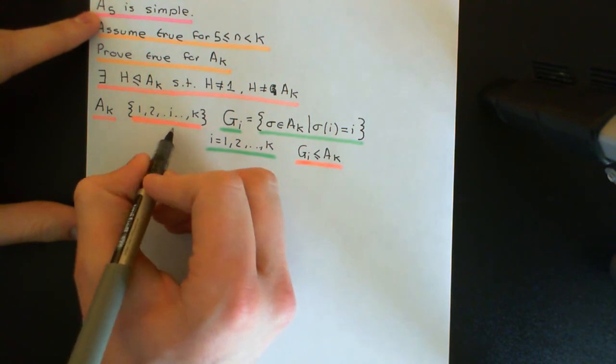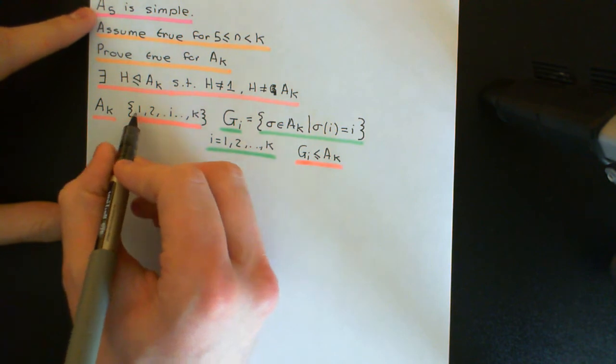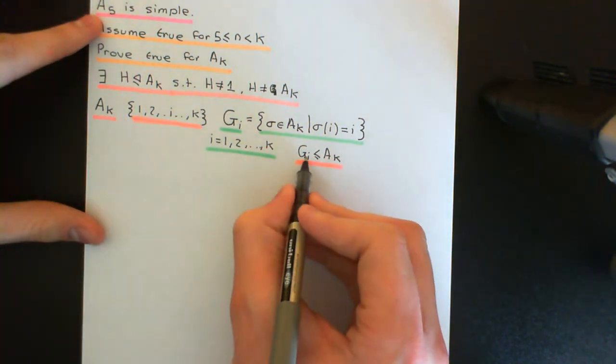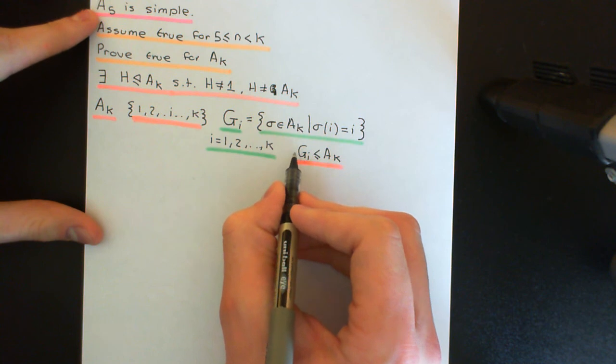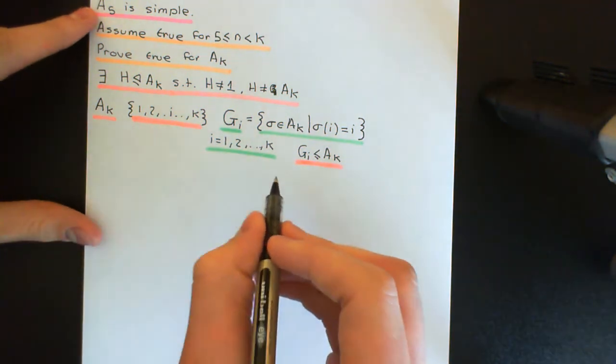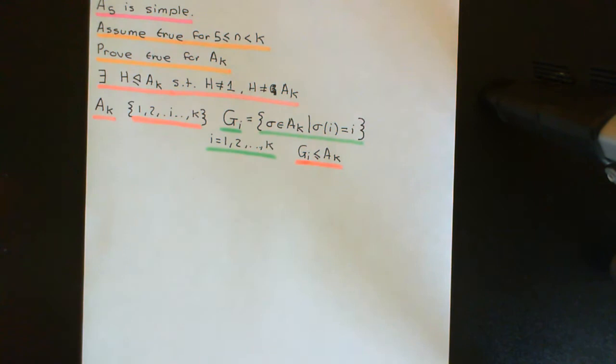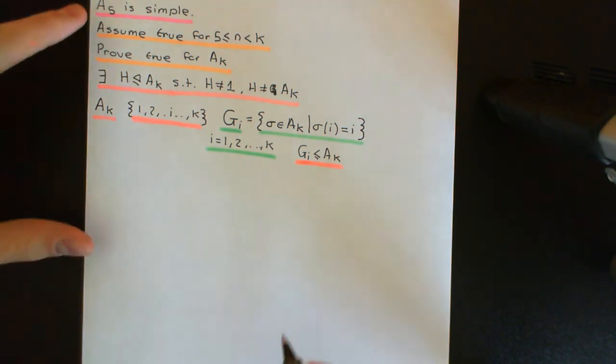Imagine taking away the I, keeping all of the rest of the elements of this set, and all of the elements in here can now be interpreted as representing permutations of that set containing k-1 elements, and they're all still going to be all of the even permutations of that set of k-1 elements.